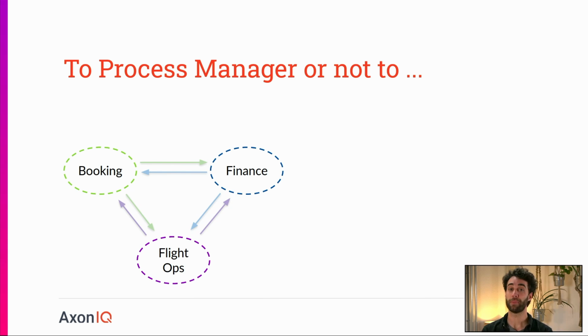Just by having a look back at our initial cross-cutting transaction, where we're using booking, finance, and flight ops, which each know about each other's language and just follow the steps intermittently with one another. This is essentially the choreography pattern you would be using. Nothing inherently wrong with this, just one of your tools in your tool belt.